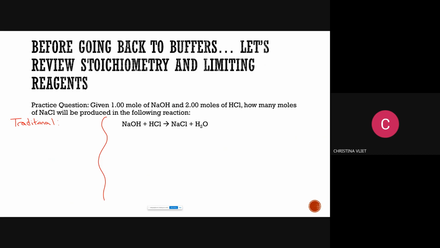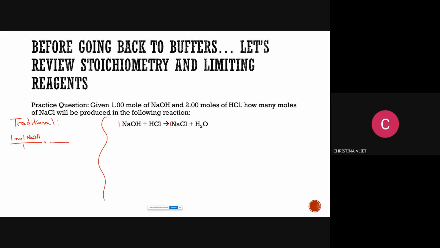Okay, let's do it. So I've got 1 mole of NaOH. That would be our given. So we put that over 1. This is what we call good old stoichiometry. And then we would say 1 mole of NaOH goes to 1 mole of NaCl. A lot of you will be able to do this in your head. And you saw that most of the questions that we did in the lab last year, you were able to do this type of relationship in your head.